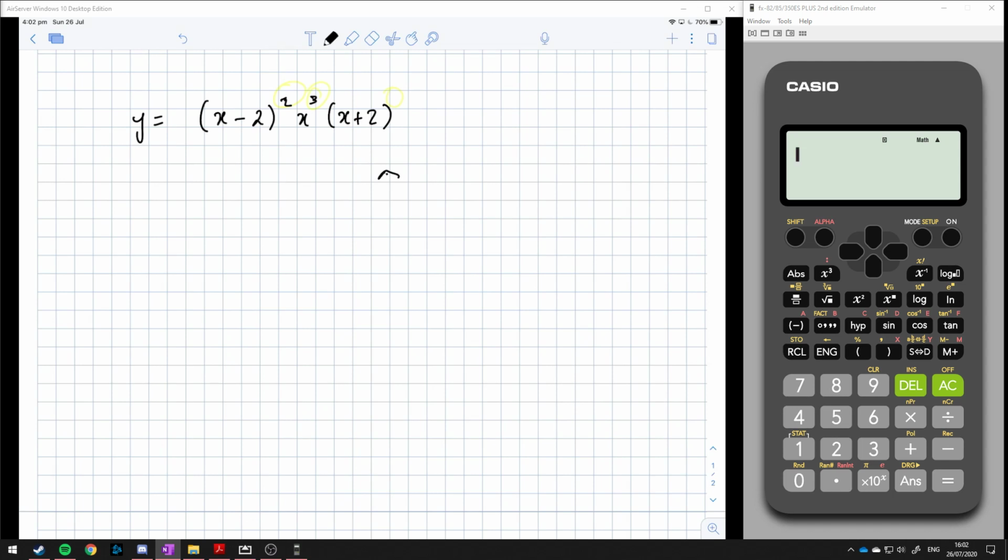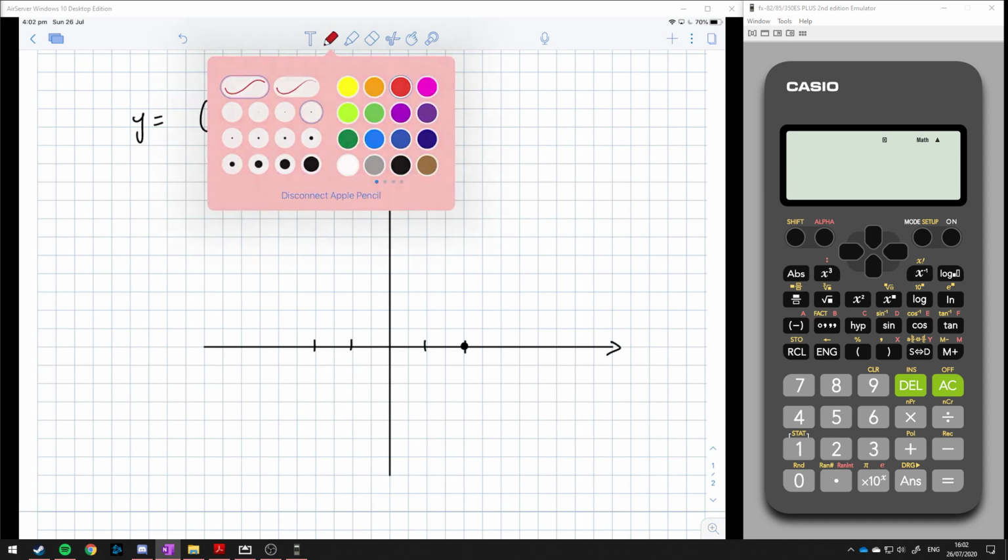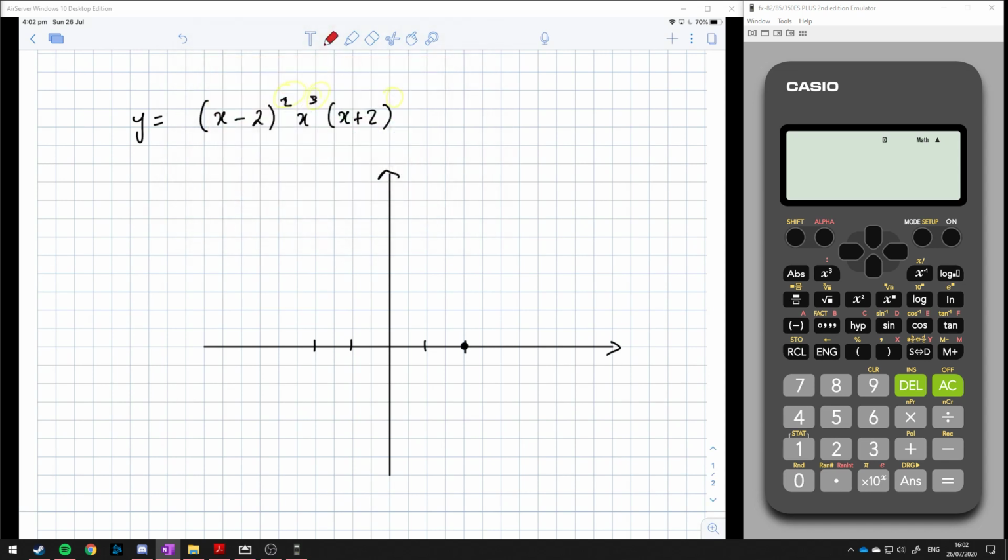If I draw this one up quickly, like this, the first point is x minus 2, so at x equal to 2, this is the point over here. At this point, my graph is going to come down and meet this point, and then come back up like this, and it makes a tangent that's parallel to the x-axis.